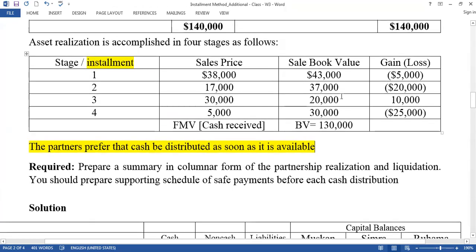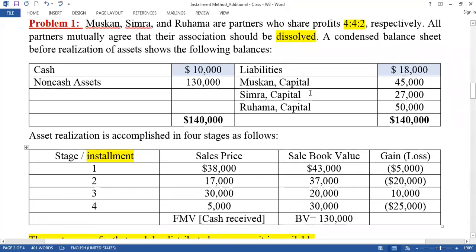Now the problem is, look at here. Maybe we don't have enough money to pay the partners. For example, we have $1,000 cash, but our capital balances are higher. So we cannot pay money to all people. We have to pay money to those people who have the ability to survive.